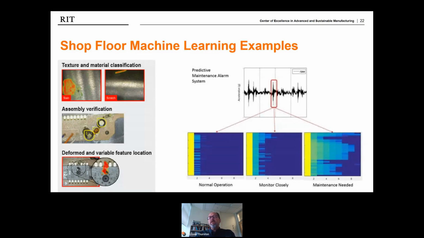If we want to be able to diagnose particular root causes, then we have to, again, have supervised learning, where we have a library of these prior instances that we've done expert classification on to say what the particular problem or the defect is, and then the machine learning method can learn from that classified data how to identify that defect. So hopefully that gives you kind of a quick background on machine learning.